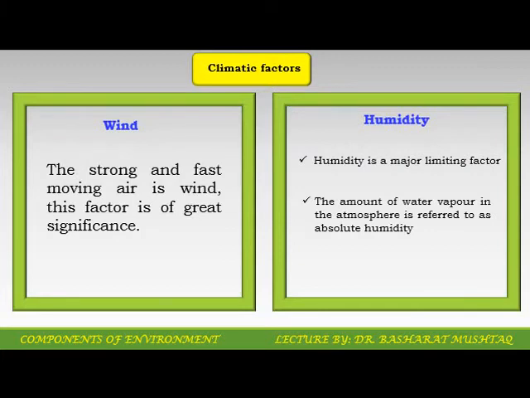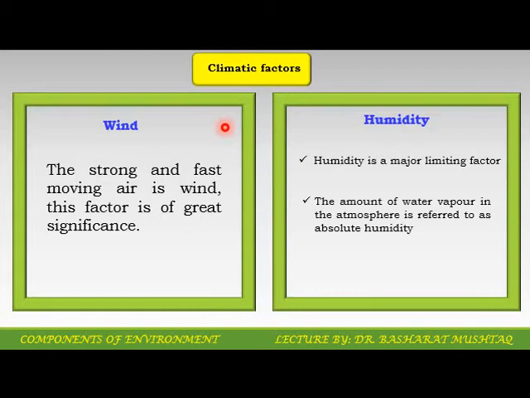We have another two important climatic factors, that is wind and humidity. The strong and fast moving air is called wind. This factor is of great importance.